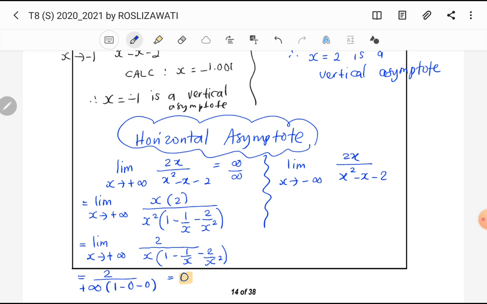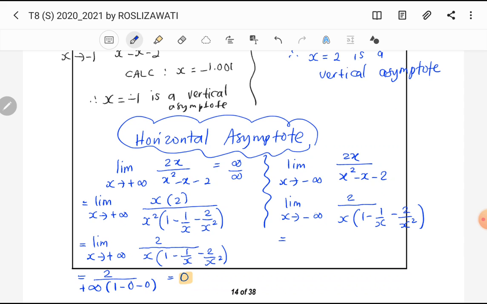And for the next part, we need to repeat the same step. So now we will get limit x approaches negative infinity, and kita akan follow benda yang sama lah sebab function kita sama kan. And we will get 2 over x times 1 minus 1 over x minus 2 over x squared.